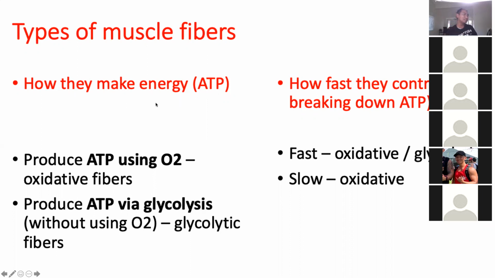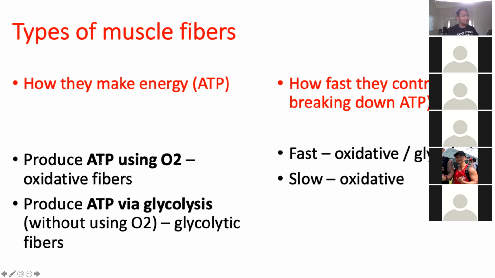The first one is how they make energy, ATP, or how quickly they use energy for contraction and relaxation. In other words, how fast they contract, how fast they break down the ATP. So how do they make ATP and how quickly can they break down the ATP. So two types of muscle fiber.